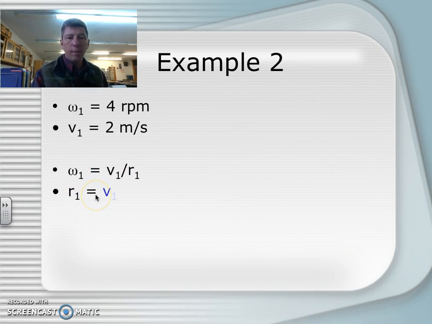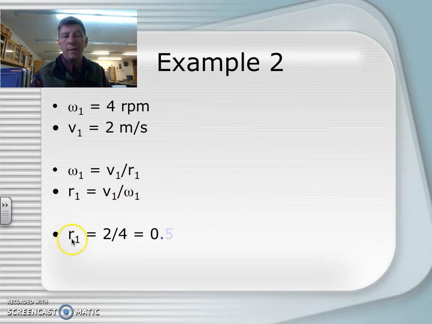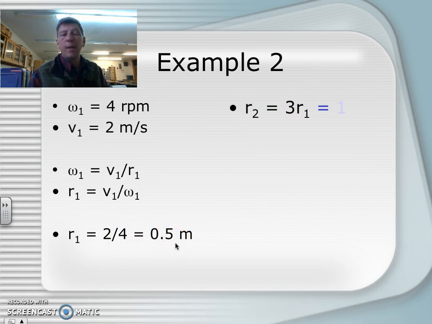I know that the formula for rotational speed is tangential speed divided by the radius. And so the radius 1 is going to be the tangential speed divided by the rotational speed. In the case of the little boy, the radius is going to be 2 meters per second divided by 4 revolutions per minute, which gives me 0.5 meters as his radius.